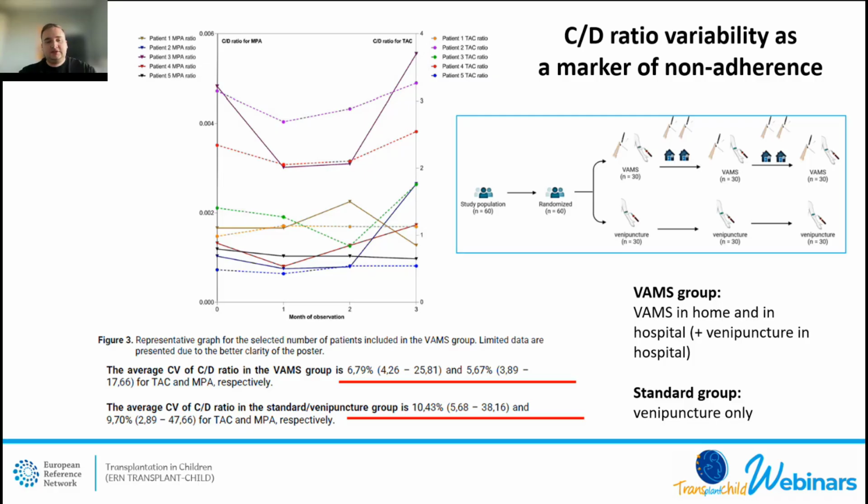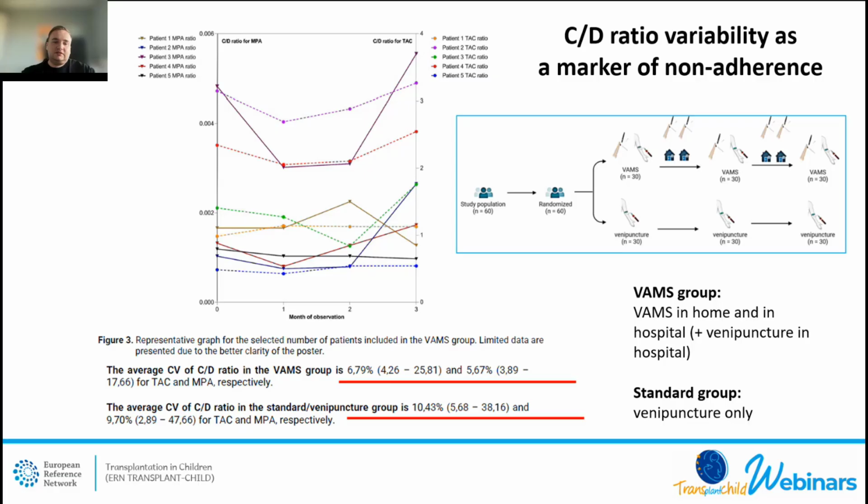In the VAMS group, the samples from these patients were collected using VAMS at home. It's extra, additional samples. And the second, control group had only venipuncture collection of samples.